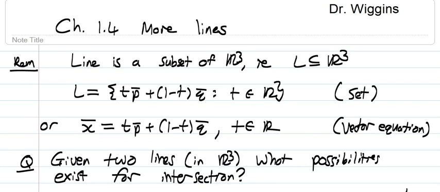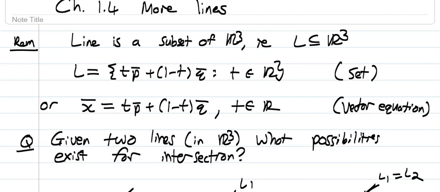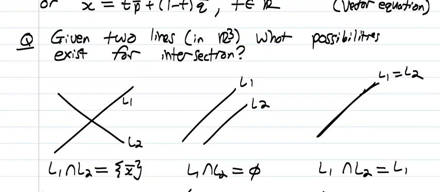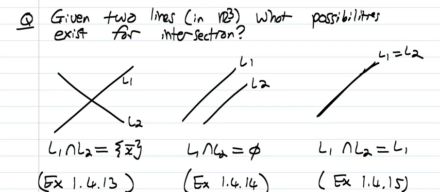Alright, so in the previous video, I left you with the following question. Given two straight lines in R3, what possibilities exist for their intersection? I hope you thought about it, and there are three answers. Either the lines intersect in a single point, and that is example 1.4.13 in the textbook.